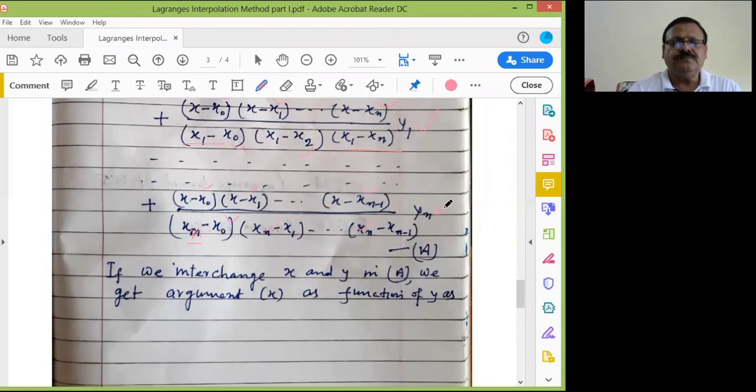So this is the Lagrange interpolation formula.